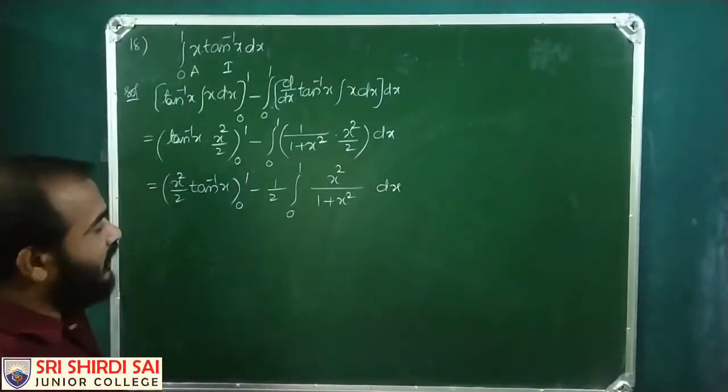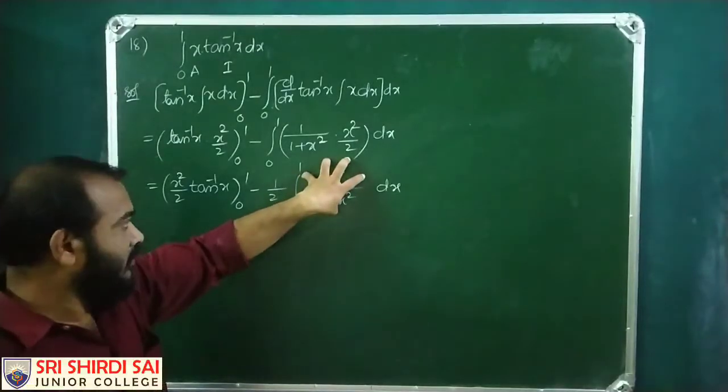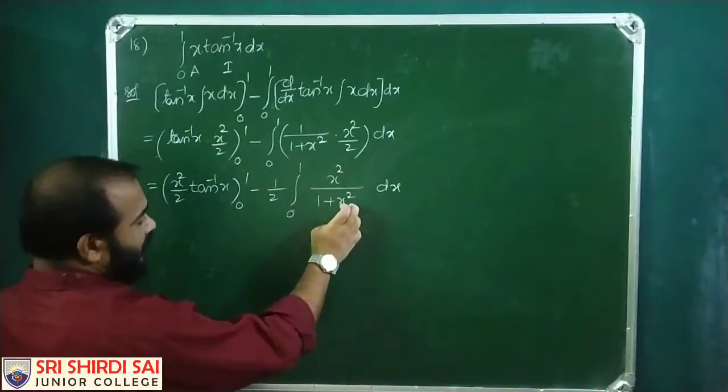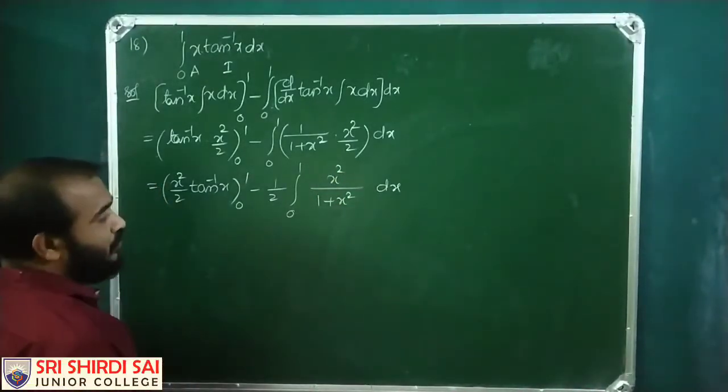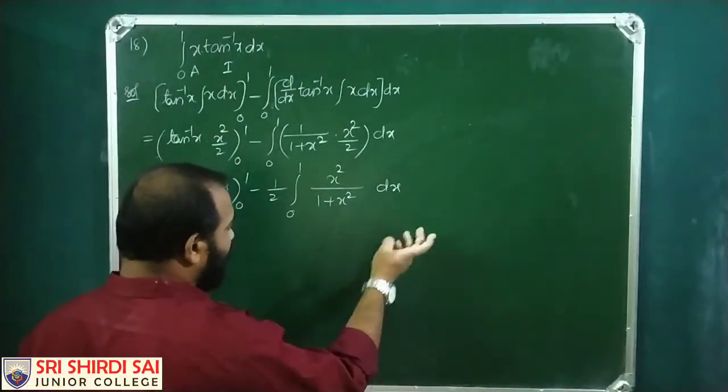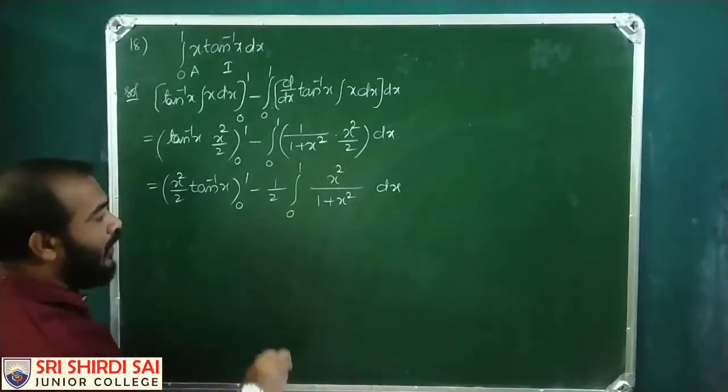See, this is an improper fraction. Degree of f of x is 2, degree of g of x is also 2. So if degree of f of x is greater than or equal to degree of g of x, then it is said to be an improper fraction.